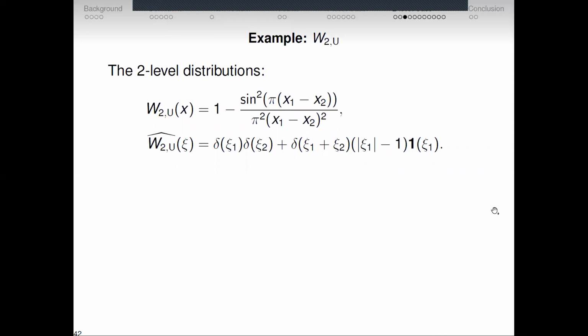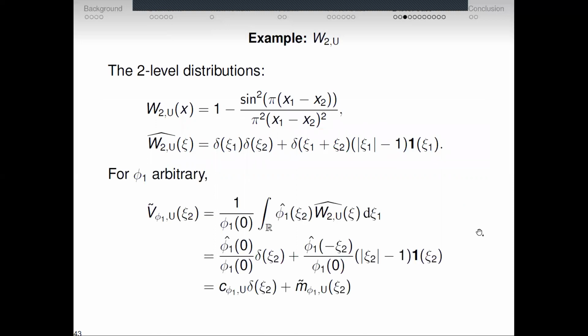So now we look at the example, which is a 2-level distribution, clearly. If we take a psi arbitrary, we obtain this somewhat complex result, as you can see right here. So the natural question is, how can we simplify it?